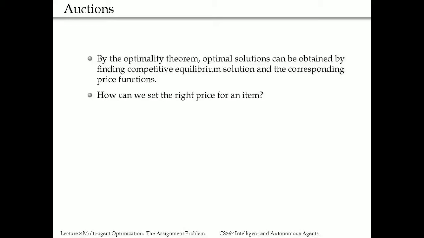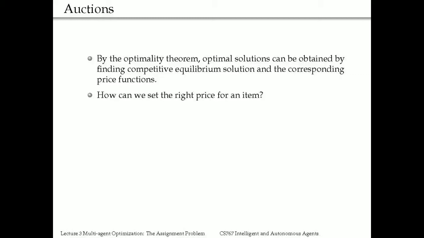If we imagine each of the agents is just a human being participating in the market, then according to the analysis of economics, if they exercise certain rational decision making, they will eventually arrive at competitive equilibrium.